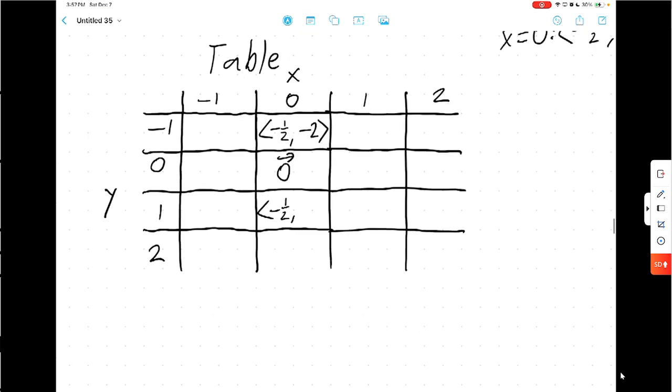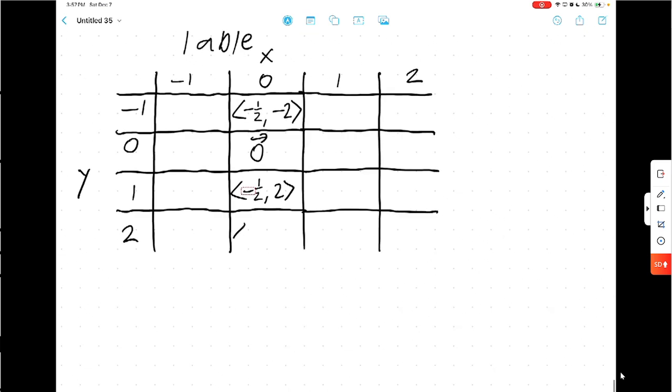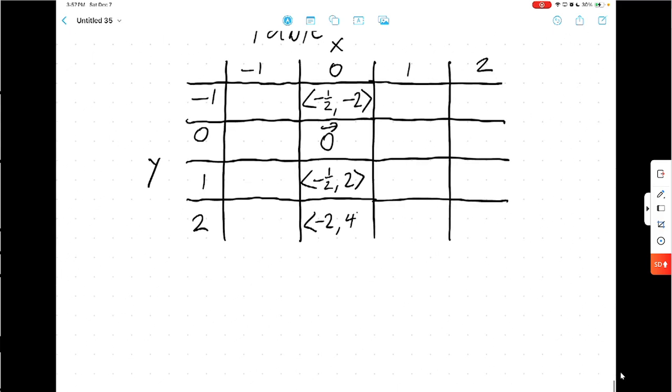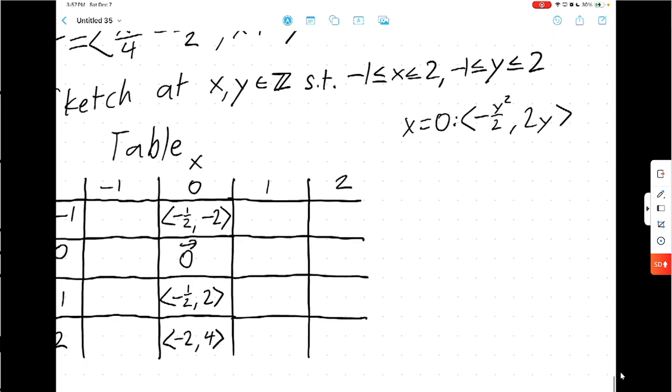For 1, we're going to get something similar, +2. And for 2, we're going to get -2, comma 4. Like so.